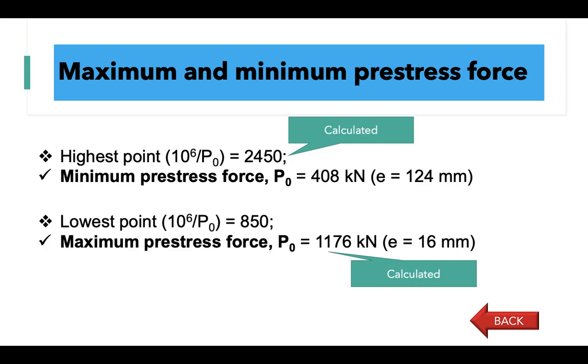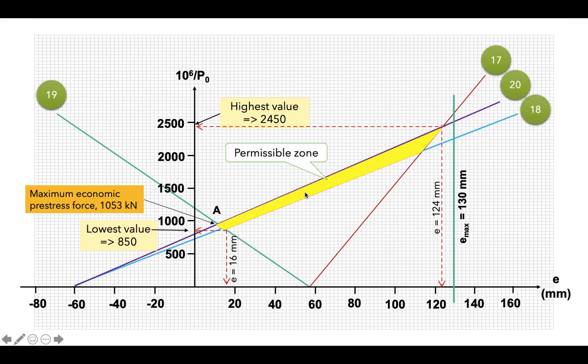And if we are referring to other values within the permissible zone, we will be able to determine the value of the pre-stress force as well. For example, if we are going for an eccentricity of 80, then from this point we will be able to determine the value of P naught, which is within the permissible zone.